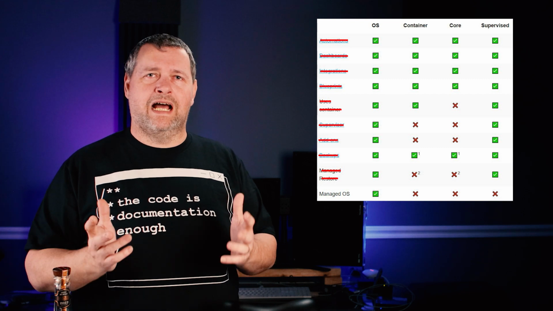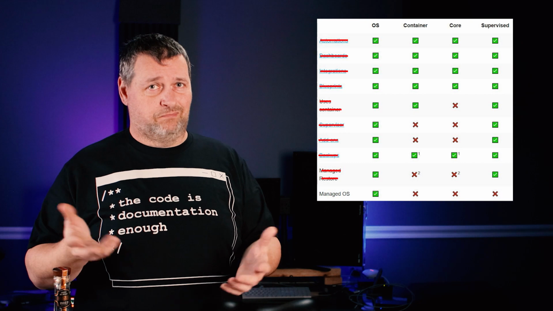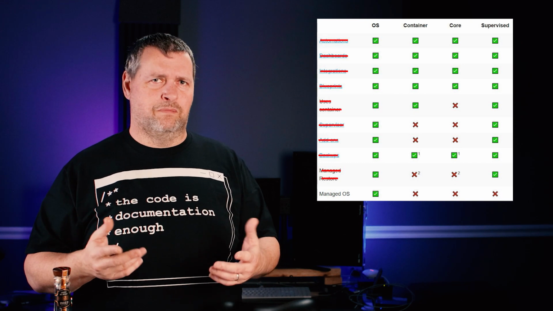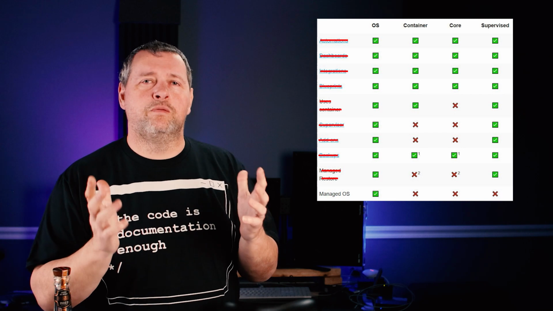Lastly, managed operating system. Of course, the only one of the four that has that is HAOS. If only one of the four methods support this, it must not be that big of a deal, right? On the contrary, it can be a huge positive.